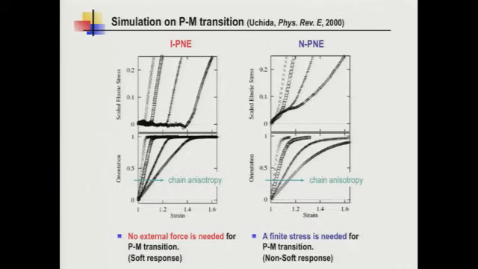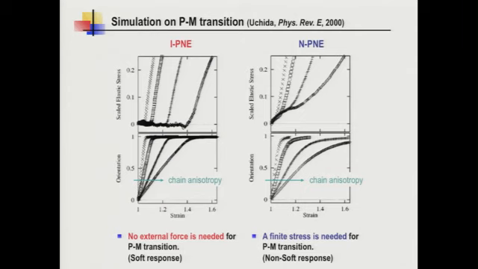Prior to our experiments, Uchida did some simulations on the polydomain-monodomain transitions with elastomers with two different genesis.